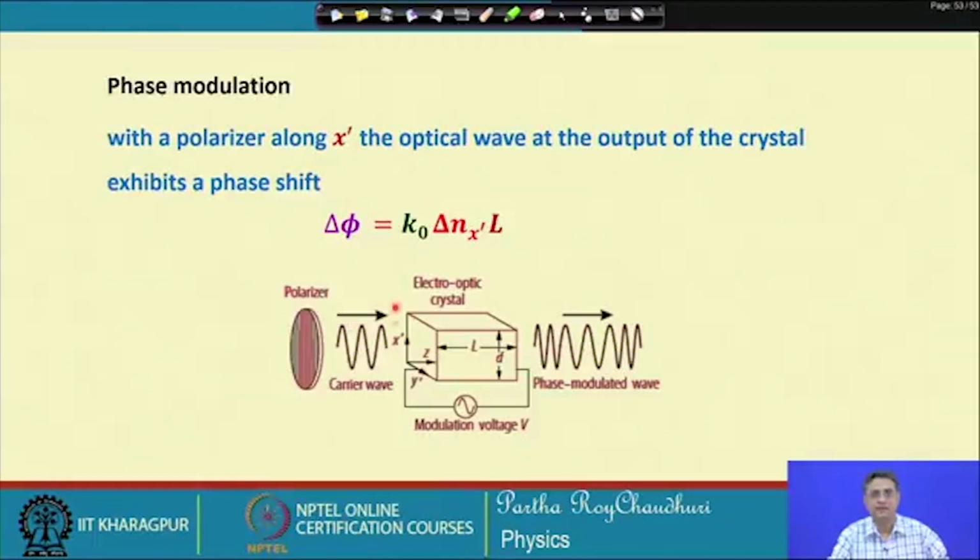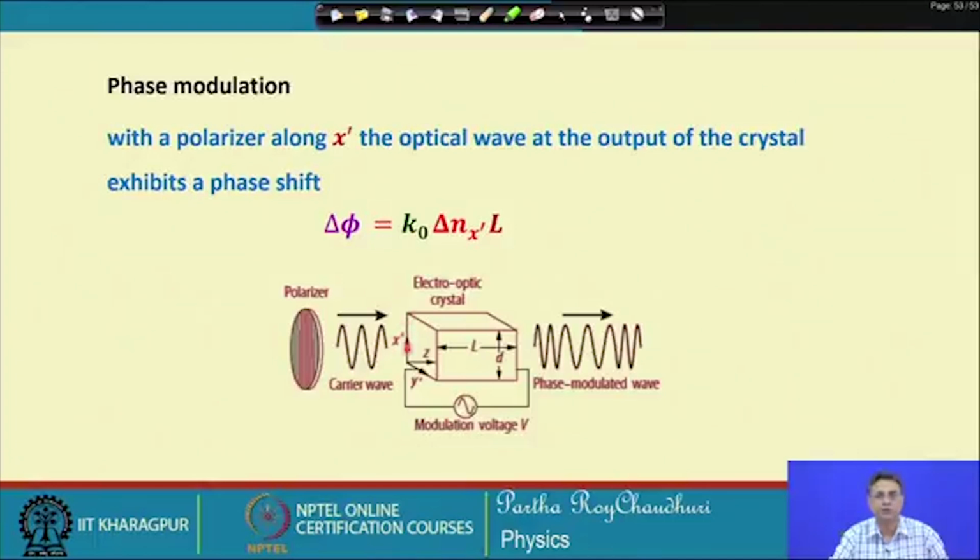With a polarizer, in the second case, if you have a polarizer axis along the new principal x axis, and the light is incident, this axis will be active as long as the voltage is applied in the longitudinal direction. So, when the voltage is there, this axis will be active, and the refractive index will go from the base value n 0 by a delta n, which is proportional to the applied electric field.